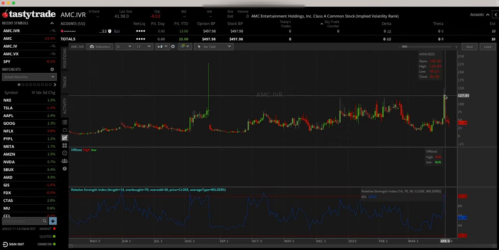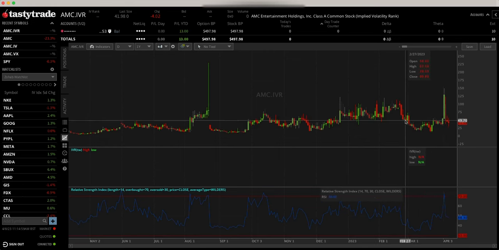So I wish I did get into the trade when AMC did the initial move down. For whatever reason, I kind of dismissed it. I don't even know why, but it came on my radar when it had an implied volatility of around 50. So on the 5th of April, with the IV rank above 50, greater than my predetermined benchmark of 30, I decided to place a put option.